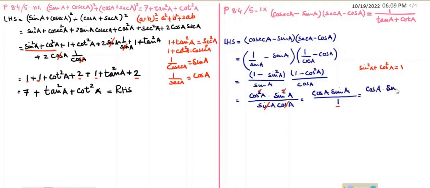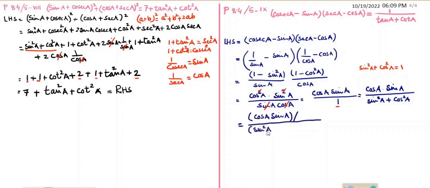So in order to have similar construction, we will replace one of the denominator by sin square A plus cos square A. Also note that the numerator of the right hand side is 1. So in order to have numerator as 1 on the left hand side, we need to divide both numerator as well as the denominator of left hand side by sin A cos A.